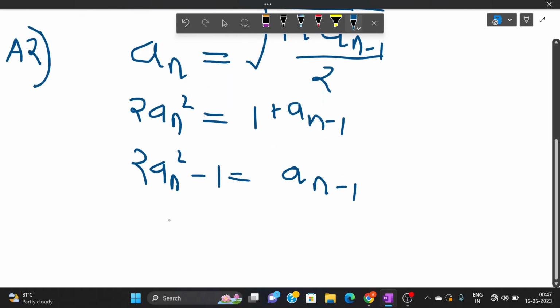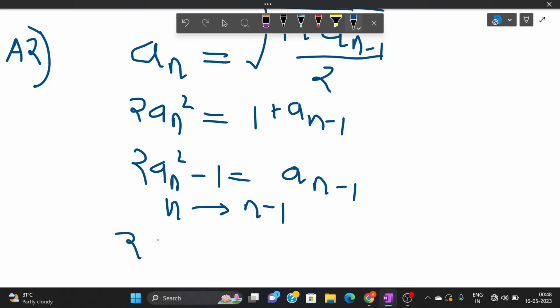Now we put n minus 1 in place of n. So we get 2 times a n minus 1 square minus 1 equal to a n minus 2.